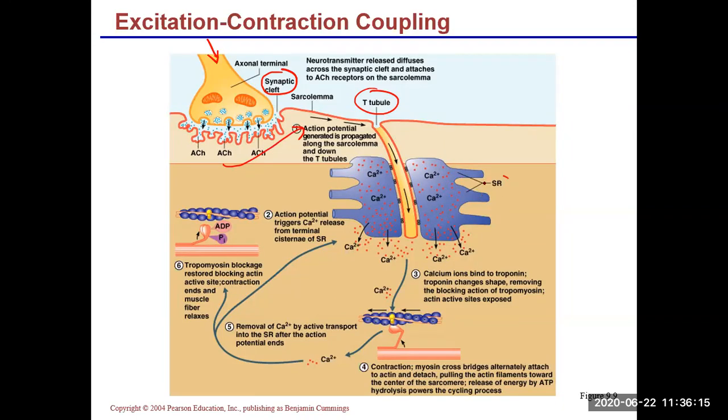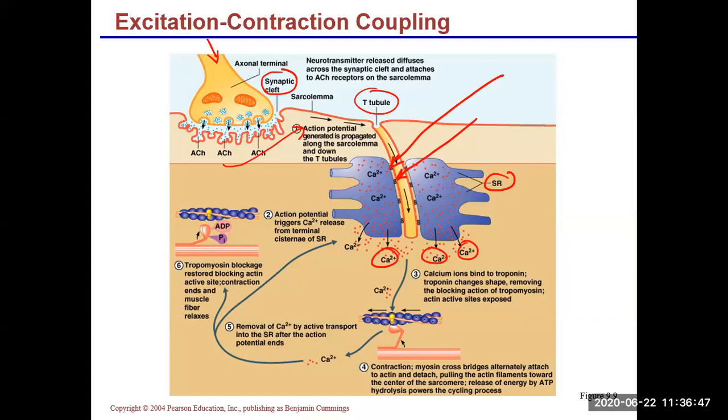You can see the SR right over here containing a lot of calcium. There are voltage gated channels in here, as you can see. And as soon as the voltage changes, this becomes open and the calcium is released. Now calcium binds to troponin, moves the tropomyosin, and pretty soon you could see cross bridge formation occurring.